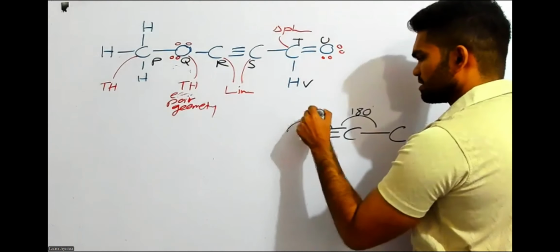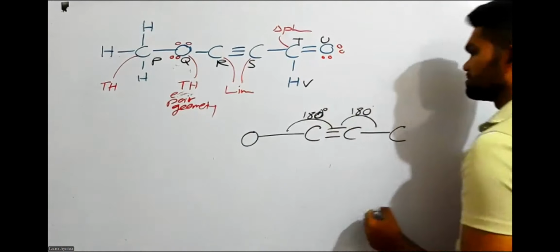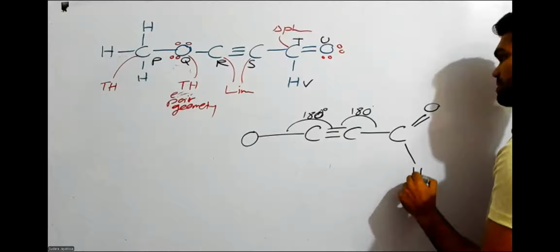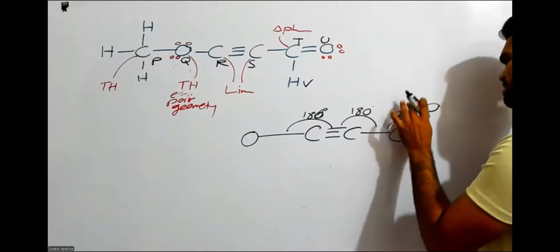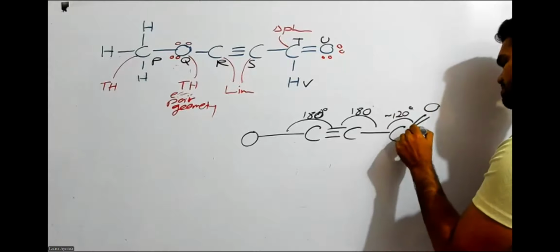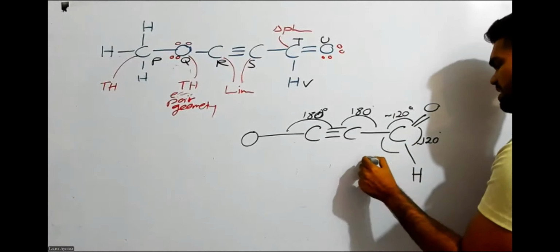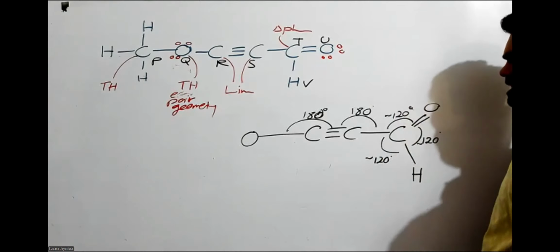Here the other one is the oxygen. And this one is trigonal planar electron pair geometry, so approximately 120 bond angle. They change a little bit, but approximately 120, not exactly. Here exactly 180.